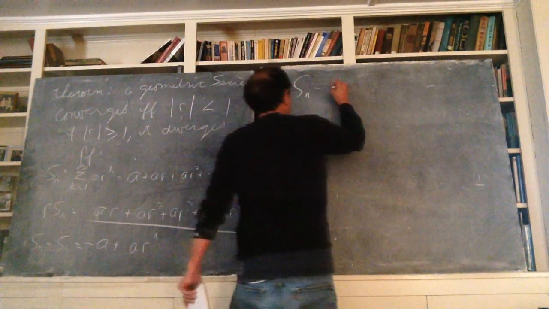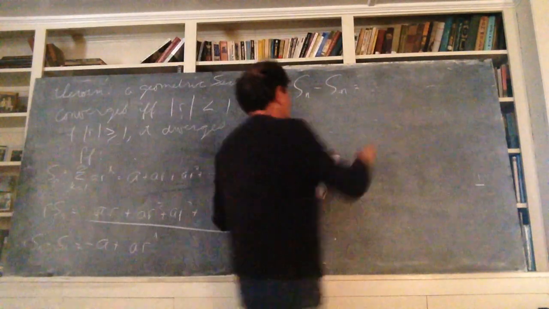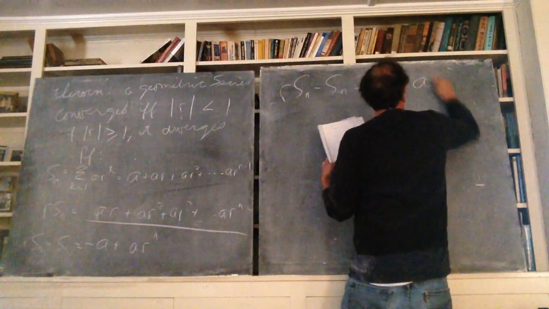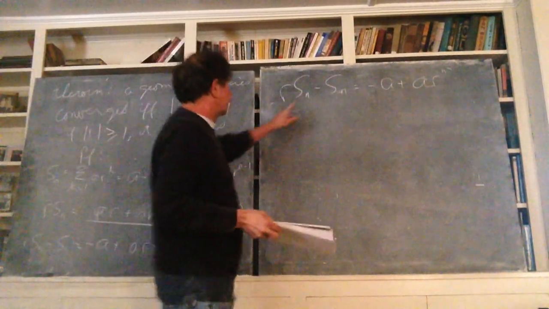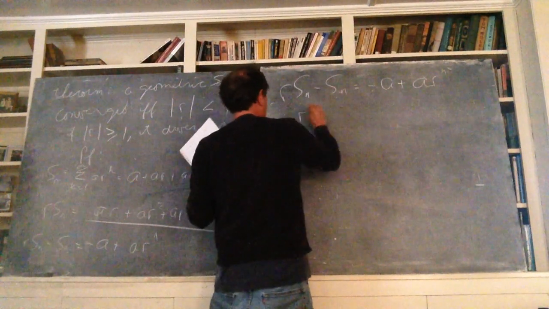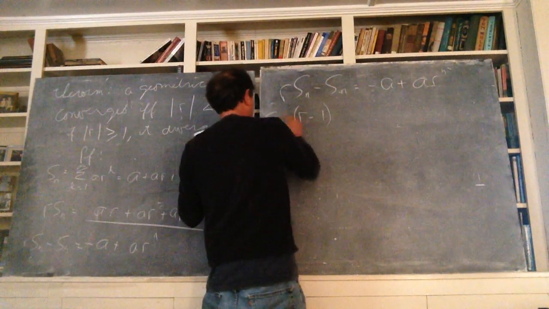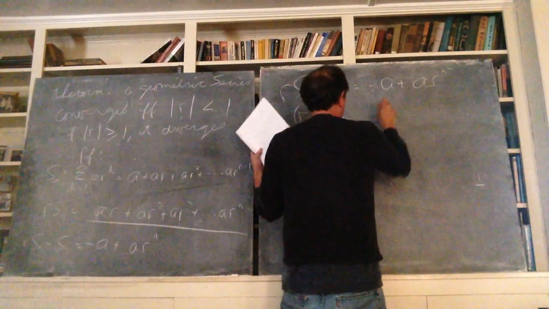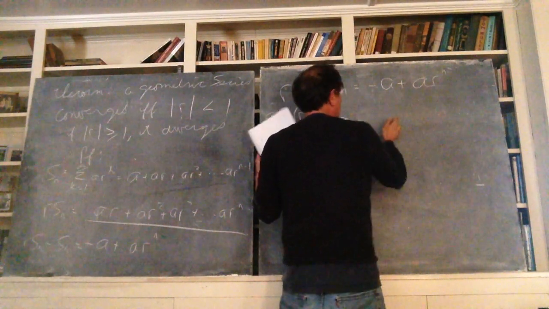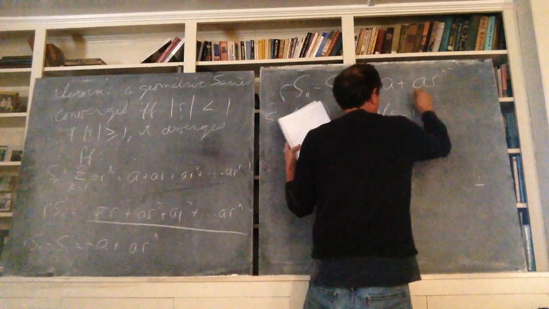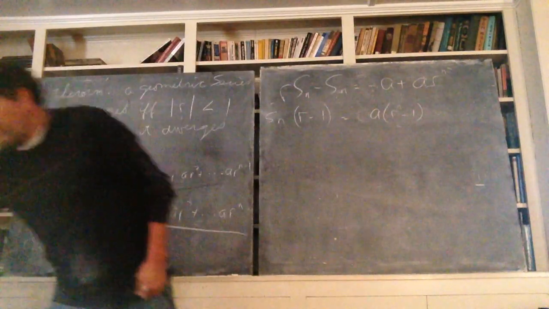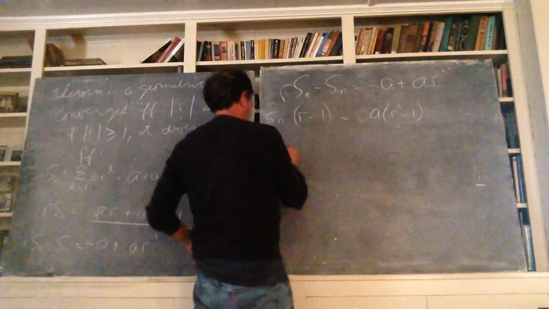So here we're saying R S sub n minus S sub n equals A R to the n minus A. And then I'm going to factor out: this would be R minus 1 times S sub n equals, I'm going to factor out an A times R to the n minus 1. And then divide by R minus 1.